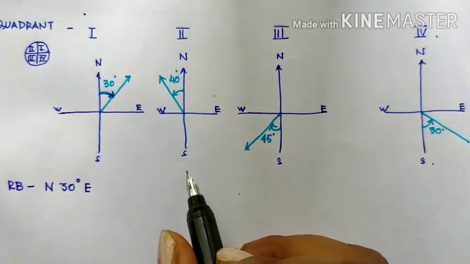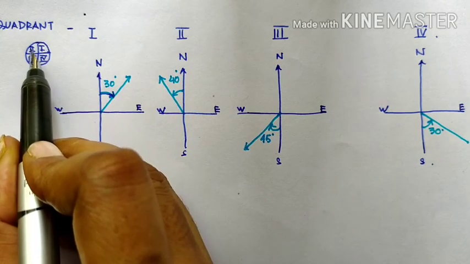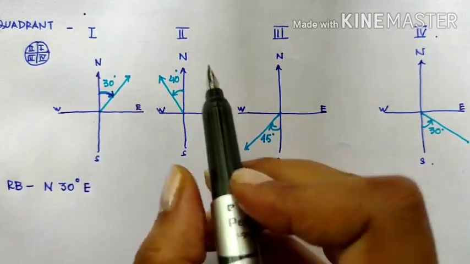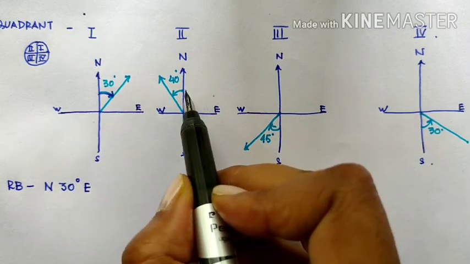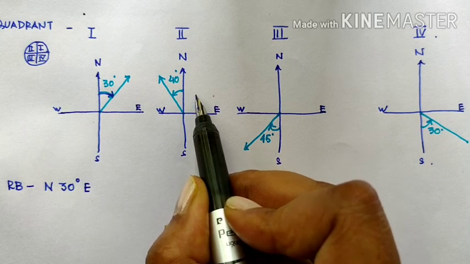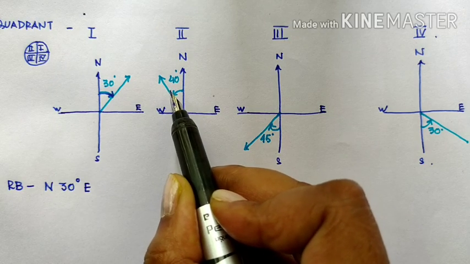Now let us come to the second one. We can see in the second quadrant, which is this quadrant, here the line is like this. Earlier we measured it from north line to this right direction. So we may think we should go towards the same direction. Why don't we count it like this? But that is wrong.